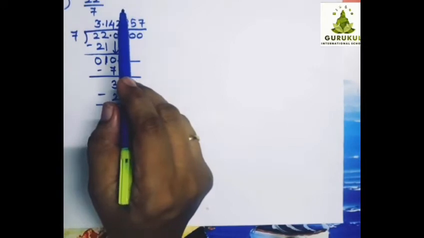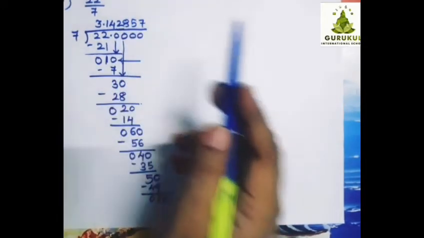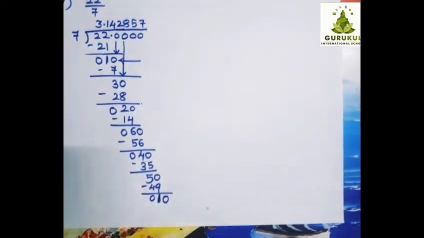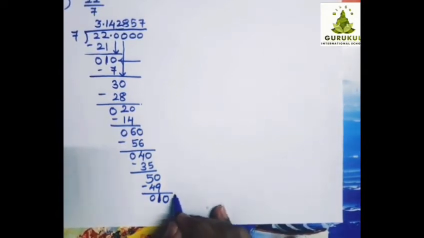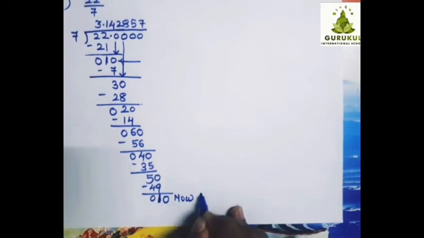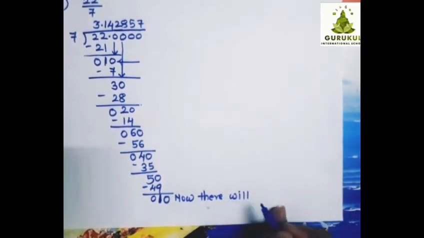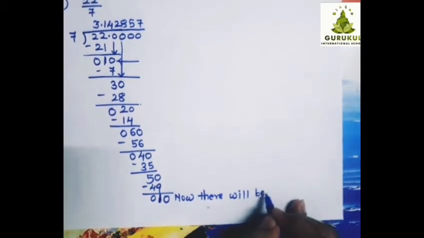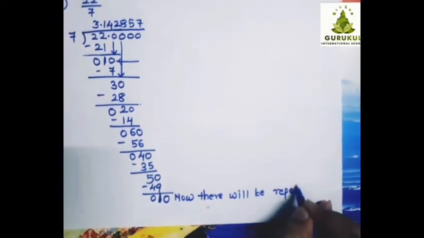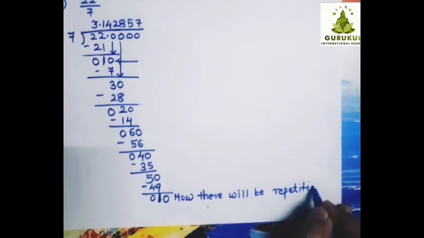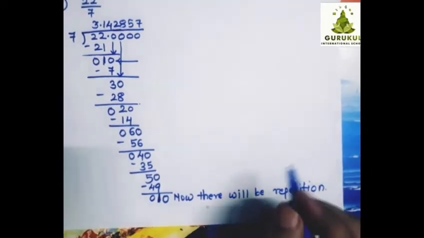Now here you can say that this full group of numbers, 142857, will be repeated. So we will write here that there will be repetition of the same group.